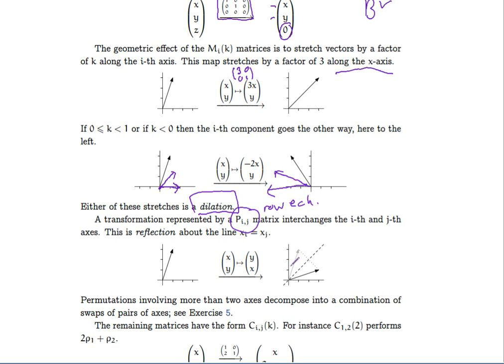So in 2 dimensions, you can see how this works. It's just reflection around the 45-degree line. If I took a vector like this, it would reflect to a vector up here. Okay. Now you might wonder how this works out in higher dimensions. In higher dimensions, this would be reflection around, not a line, but a hyperplane.